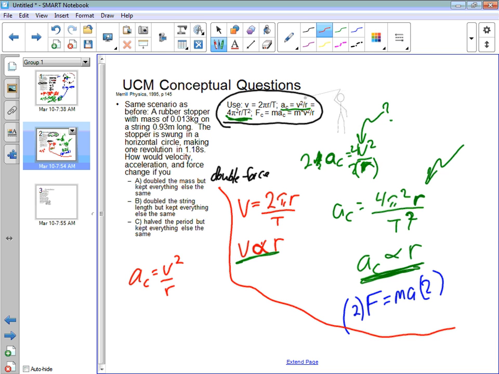Well, there's not a time in there, or at least not explicitly. If I expand that out to 4 pi squared r divided by t squared, now I see what's important here. Centripetal acceleration is 4 pi squared r divided by t squared.